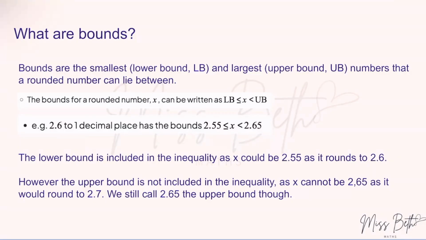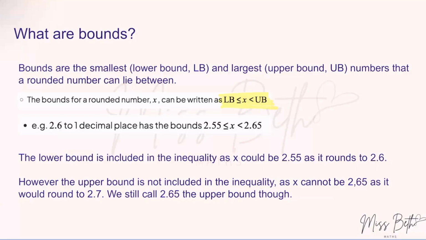Remember that when we give bounds, the way we write it is as an interval or as an inequality. Now, your x value, whatever it is that you're talking about, it could be a length, a height, a volume, it can of course be equal to the lower bound.